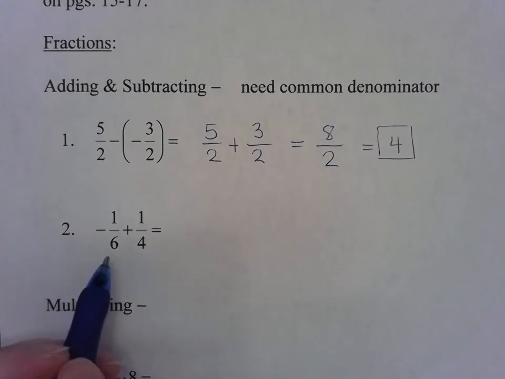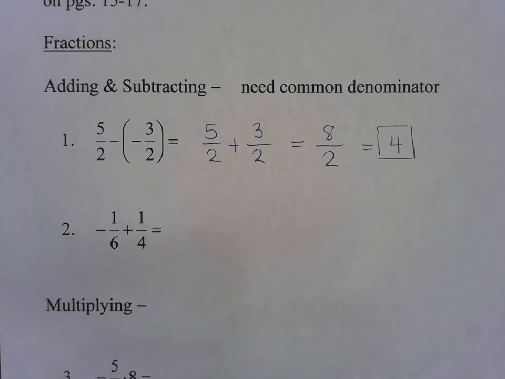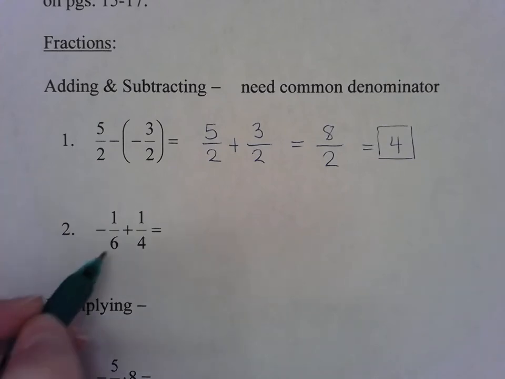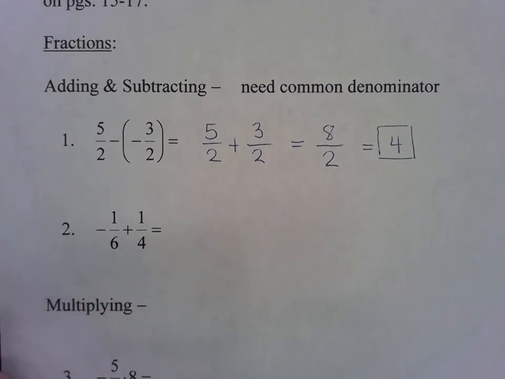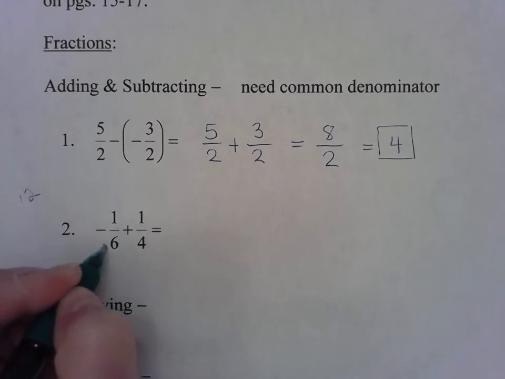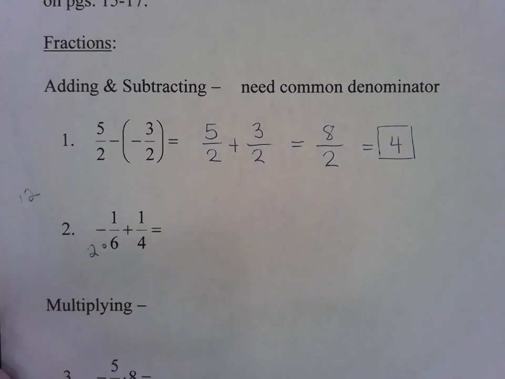For the second example here, I don't have the same denominator, so I would like to get the same denominator. This is that least common multiple idea, right? So the smallest number that 6 and 4 both divide into would be what? 12, right? So to get to 12, I need to multiply the 6 by 2.